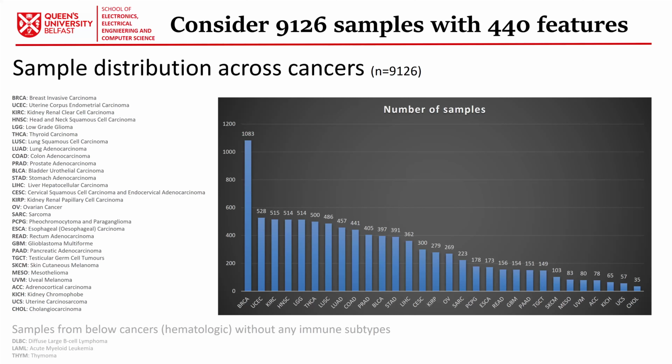And if you remember, here I'm just showing the number of samples per cancer. So for instance, we have 1,000 samples belonging to this group, breast cancer. I'm going to just highlight here that the population of samples more belong to this category of cancer.